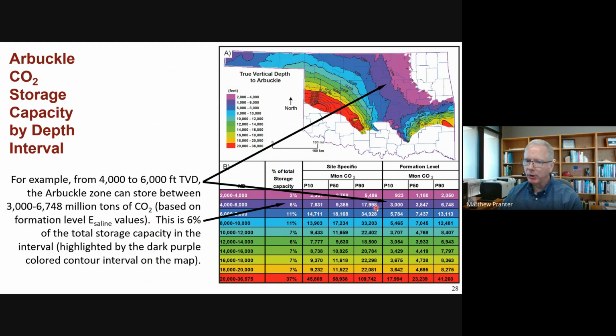And so, for example, looking at these formation level efficiency parameters, the CO2 storage that would be estimated from 4,000 to 6,000 feet would be about 3 gigatons to about 6.7 gigatons of CO2. And that would account for about 6% of the storage that would be possible, not considering economics, totally for the Arbuckle. So that's how you read this. It's broken out by these depth intervals.